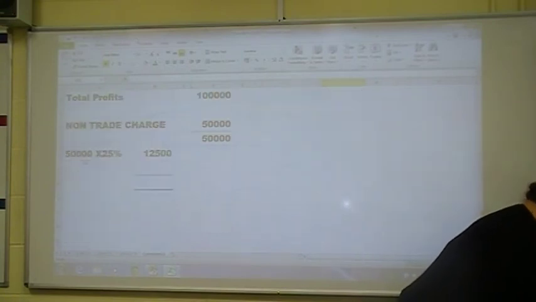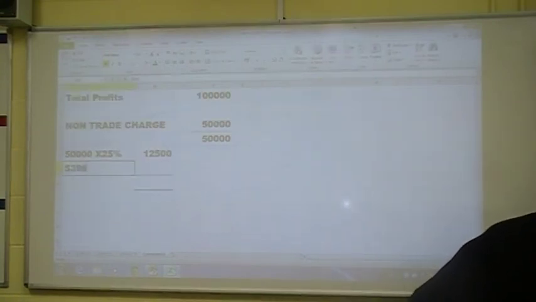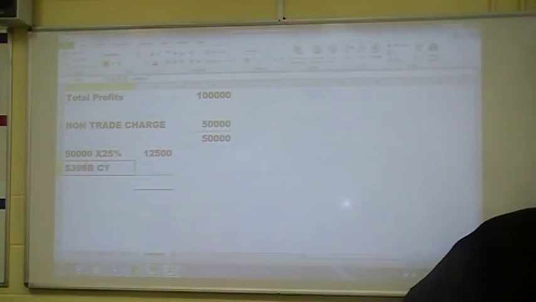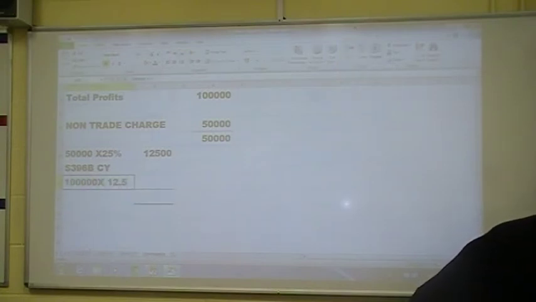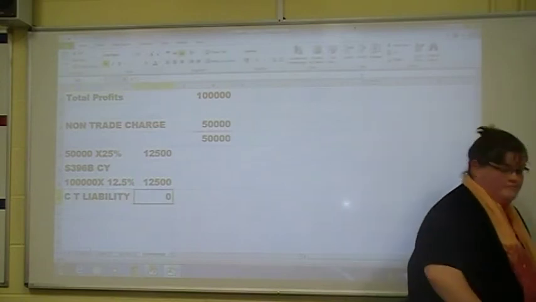Okay, so our section 396B, current year, is 100,000 multiplied by 12.5%, which is 12,500. So we have a CT liability of 0.